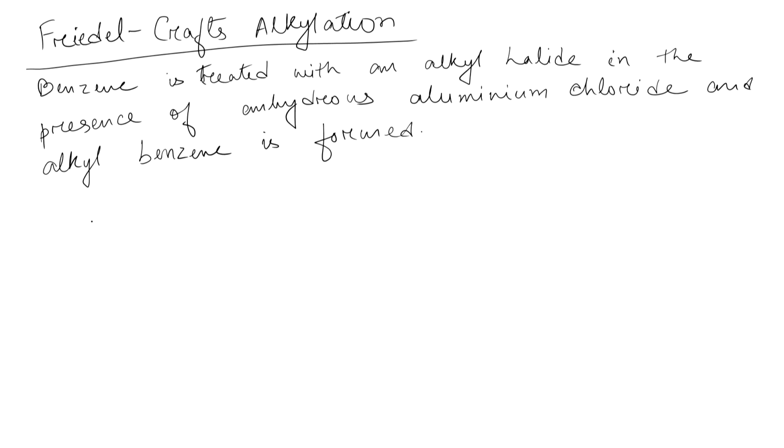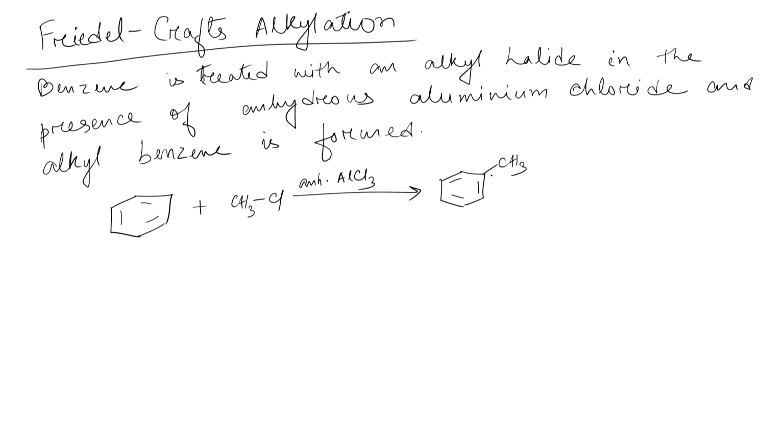So, we have an alkyl halide and anhydrous aluminium chloride. Benzene plus, let's say, methyl chloride CH3Cl, and anhydrous aluminium chloride. So, we get this. This is toluene.